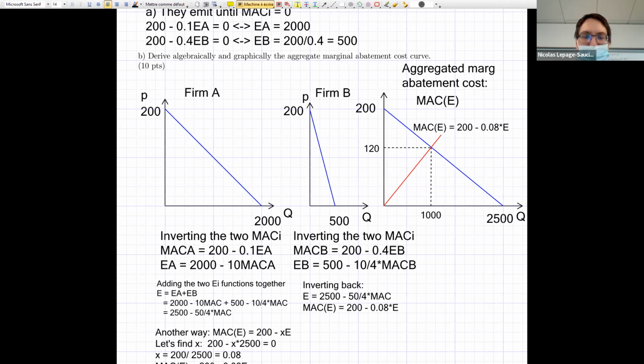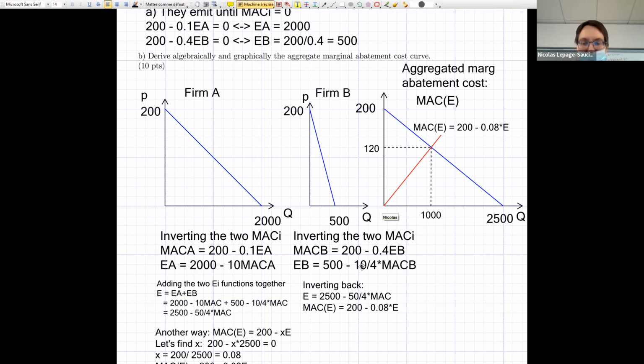Yeah, it would be the area. Nice one. Yes. Oh, okay. So what did you do? Hmm, so that would be the total abatement cost if we abated entirely emissions, right?